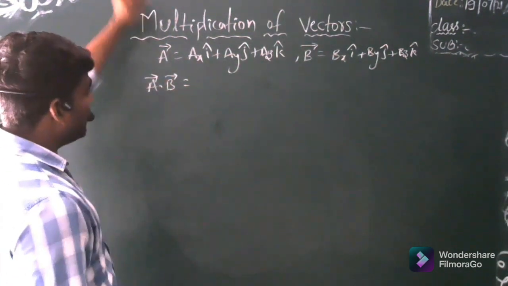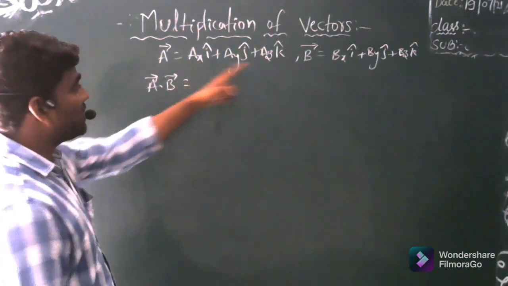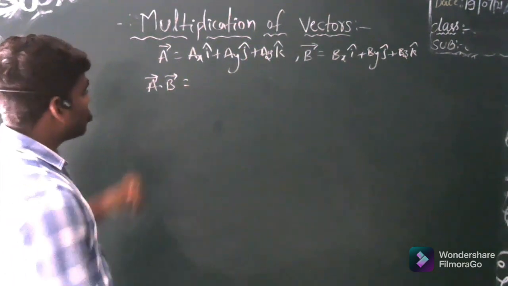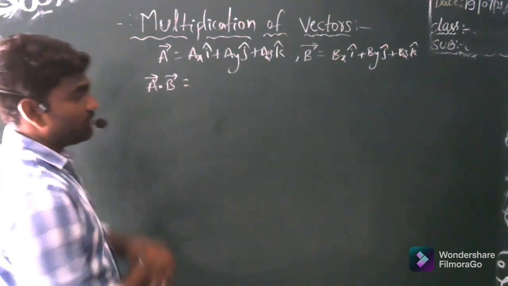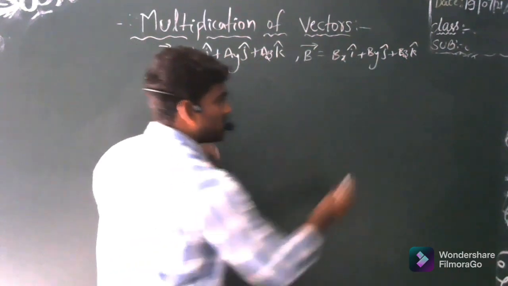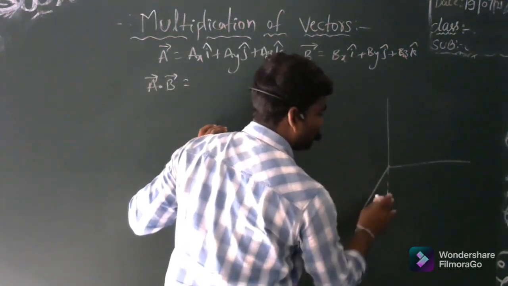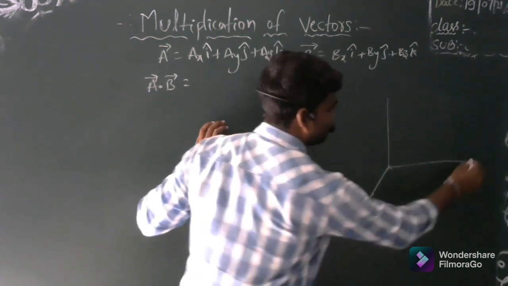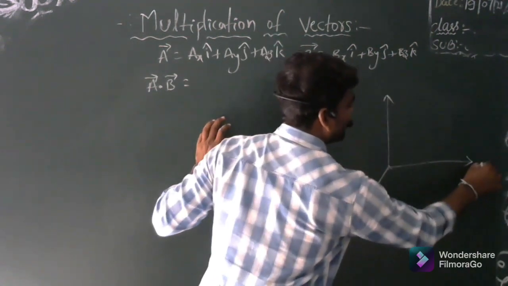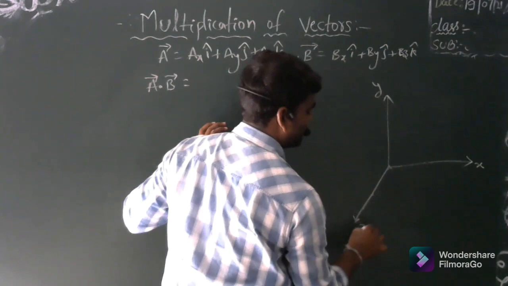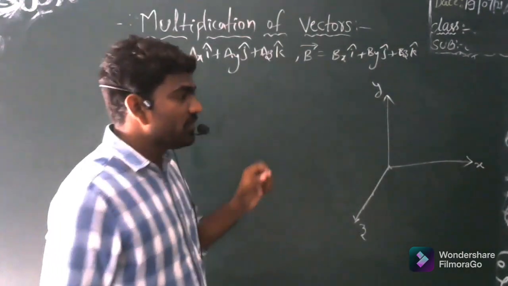Now, here the angle is not mentioned between A and B. I have to find out the dot product of these two. Before going to this, something you have to remember: already we know this is a coordinate system. This is the x-axis, this is the y-axis and this is the z-axis.